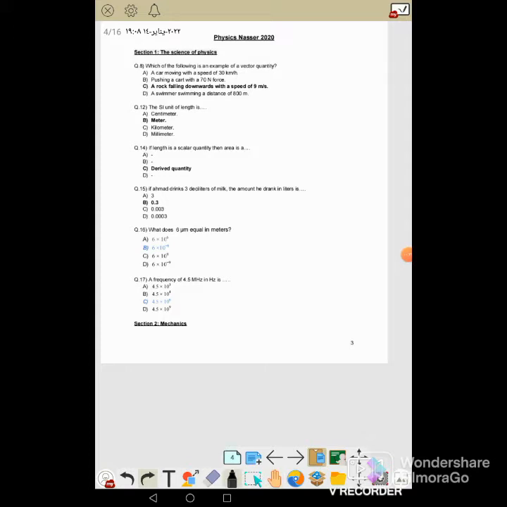Quantities in physics are divided into vector or scalar. A vector quantity is determined by its amount or magnitude and direction, but a scalar quantity is determined by its amount only.